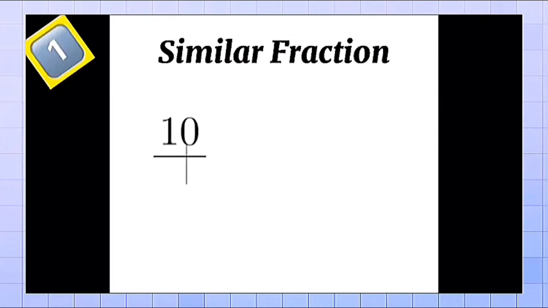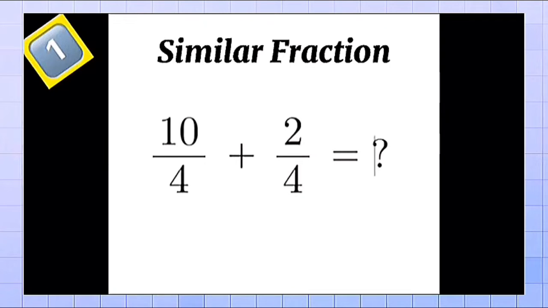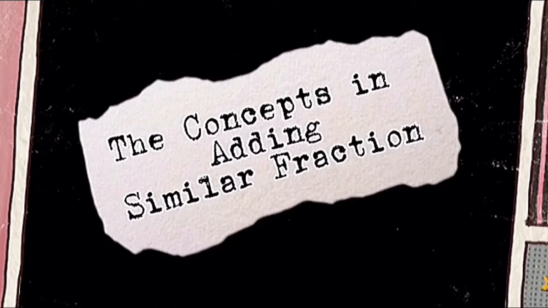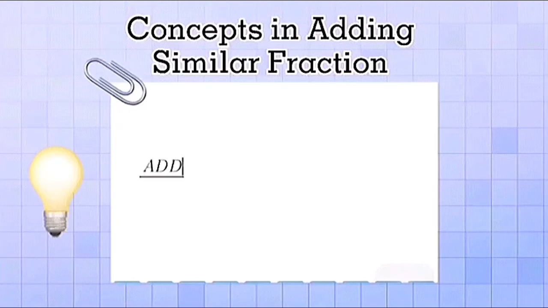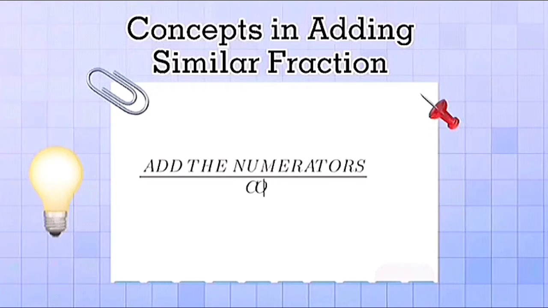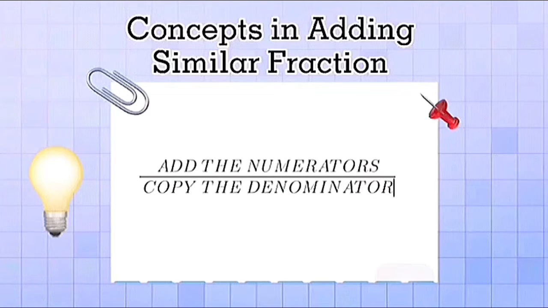Here's the first similar fraction problem. First, we have 10/4 plus 2/4. So, how can you solve it? Basically, we have to first understand the concept of adding similar fractions. In adding similar fractions, we need to add the two numerators and copy the denominator.